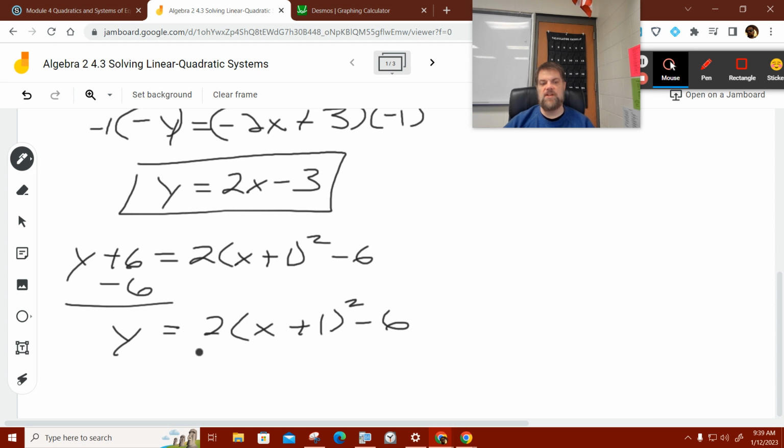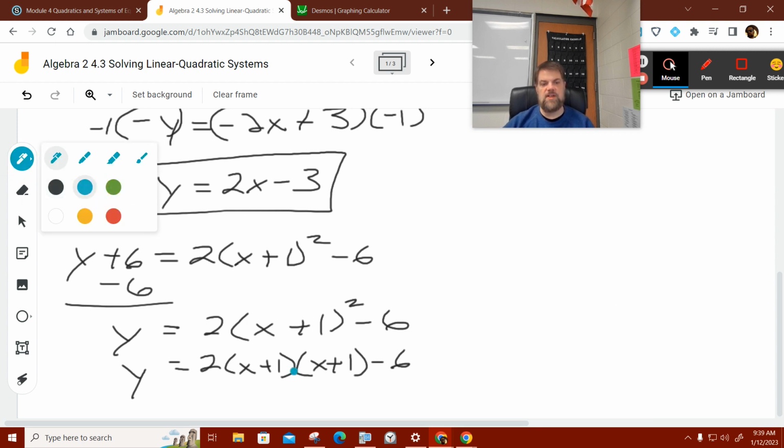Now I can clean this up a little bit. How do I figure out what x plus 1 squared is? Isn't that the same as 2 times x plus 1 times x plus 1 minus 6? Yeah. So let's figure out what that is.